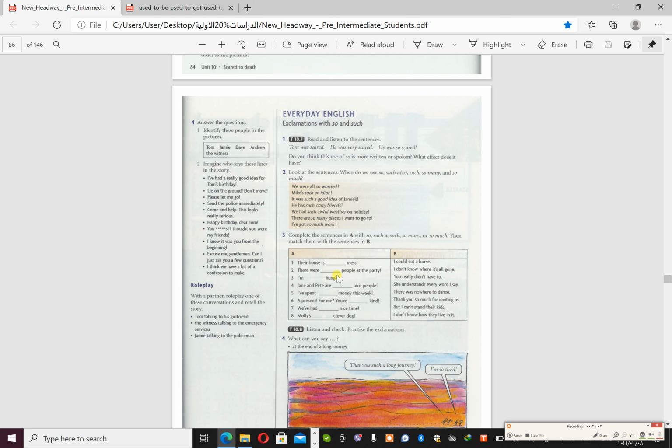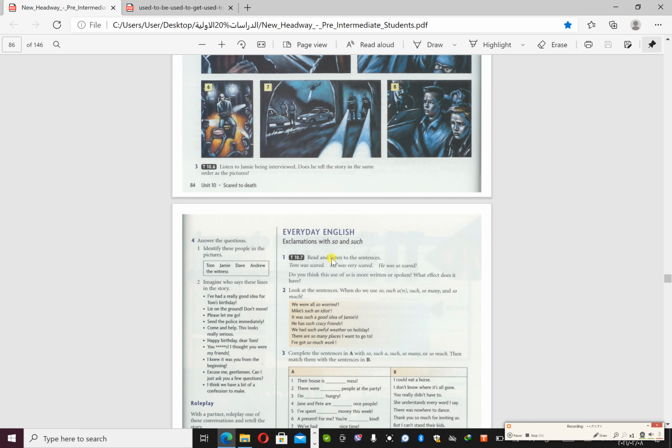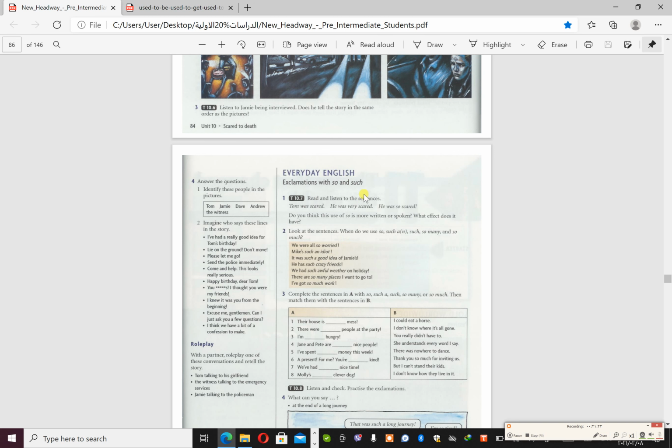Or there were so many people at the party، يعني معناها many. Or I'm so hungry. Or if I try to give a similarity, I use such. This is what you have to answer as homework. Okay, and this is how we differentiate between so and such.